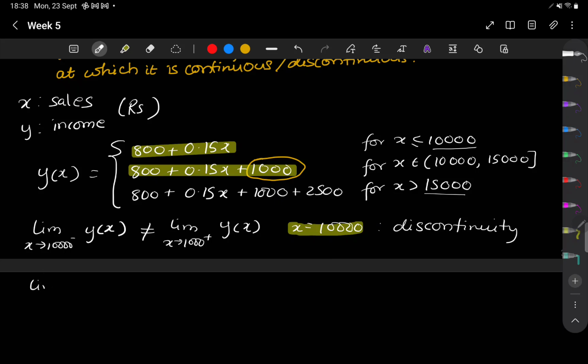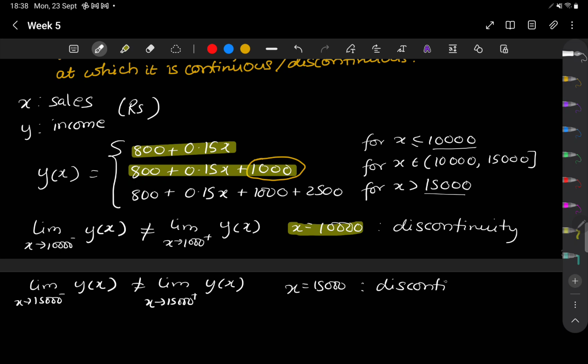Now the other point is 15,000. So x equals 15,000 is another point of discontinuity. So let's look at 15,000.